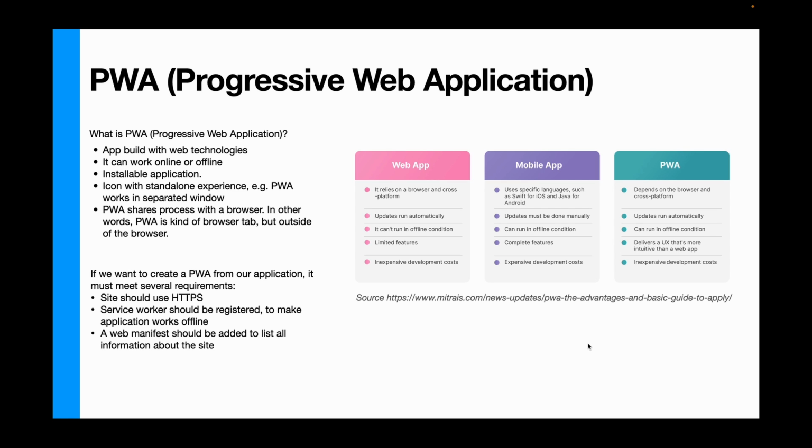If we want to create a PWA from our application, it must meet several requirements. Sites should use HTTPS. Service workers should be registered to make the application work offline. A web manifest should be added to list all information about the site. But what is the problem with PWA?